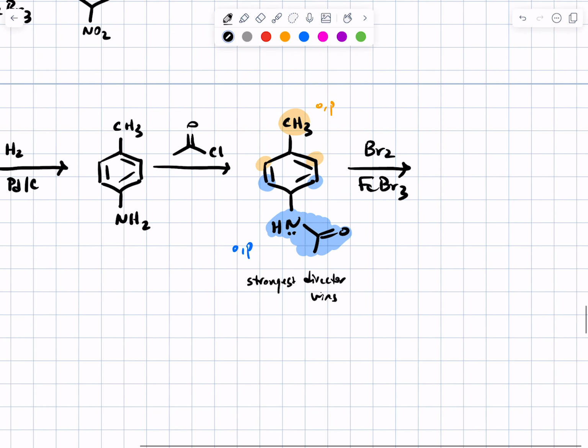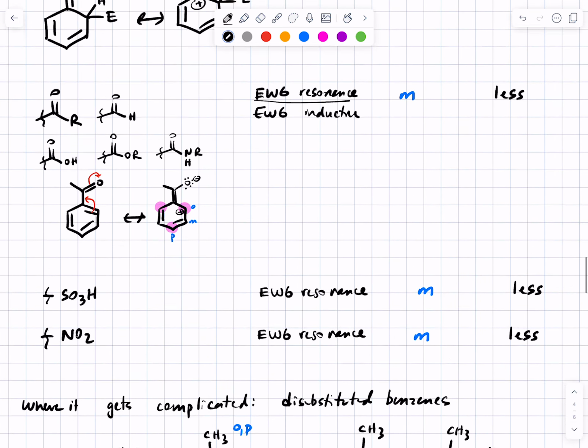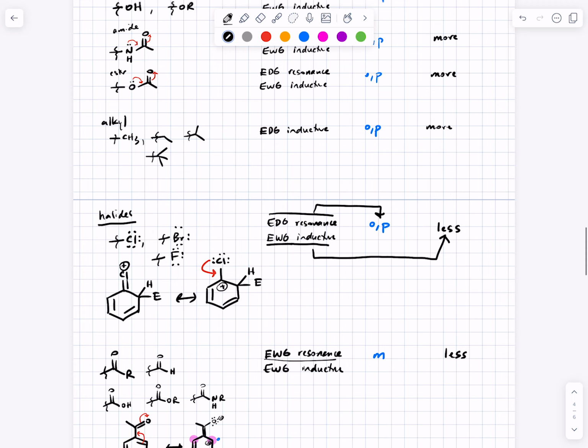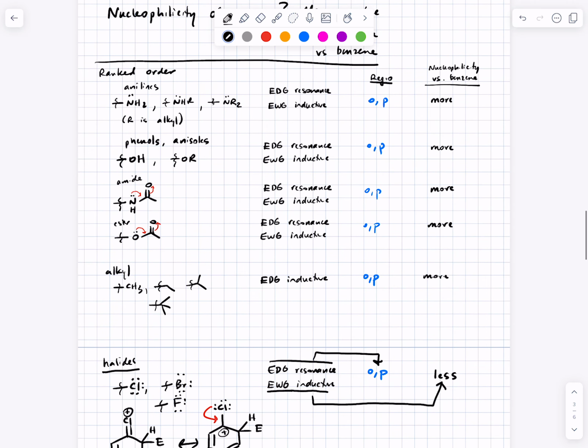All right? So we would now need to have a feel for the ranking order that we got earlier, where we find that the resonance donating effect is more powerful than the inductive donating effect.